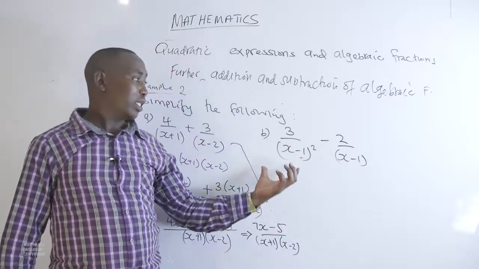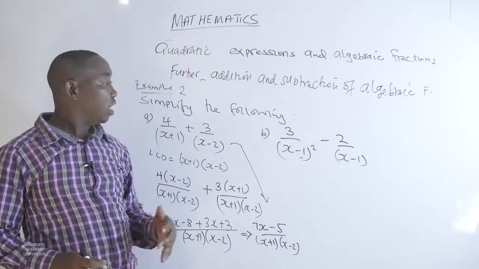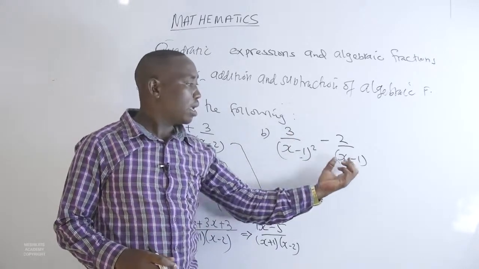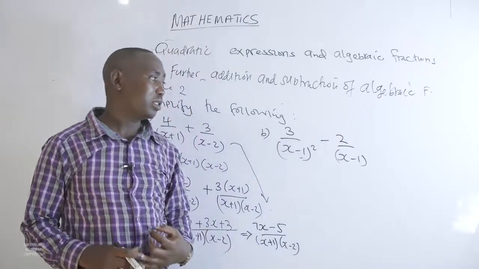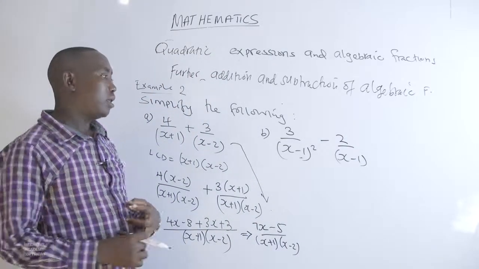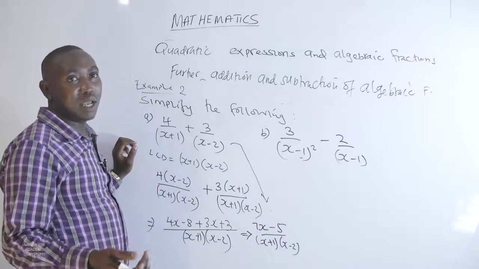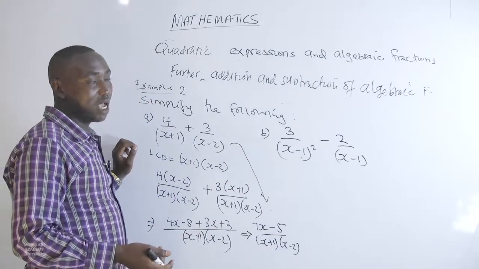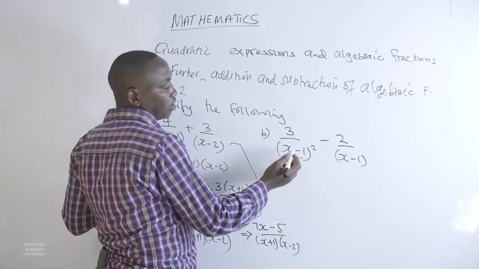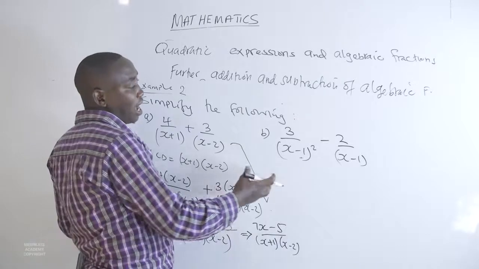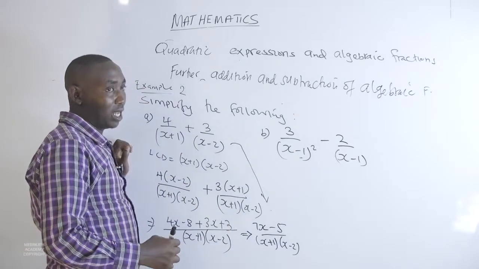If we look at our second example, we have 3 all over x minus 1 raised to 2, minus 2 all over x minus 1. This one is quite easy because whatever is inside the bracket is the same, they are like terms. And if they are like terms, then we can take the highest term, and the highest term is going to be x minus 1.